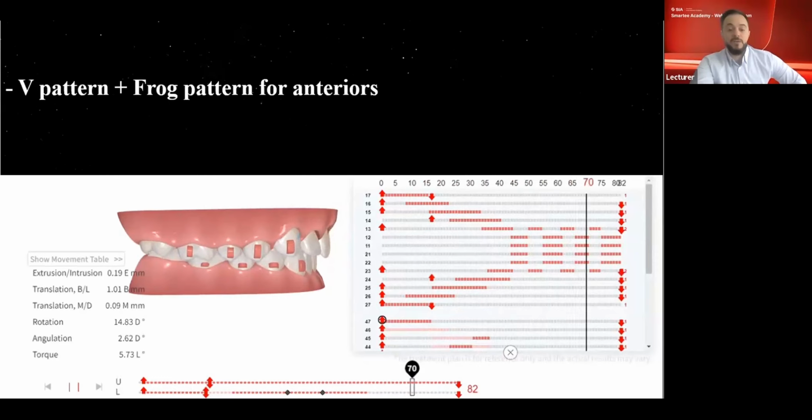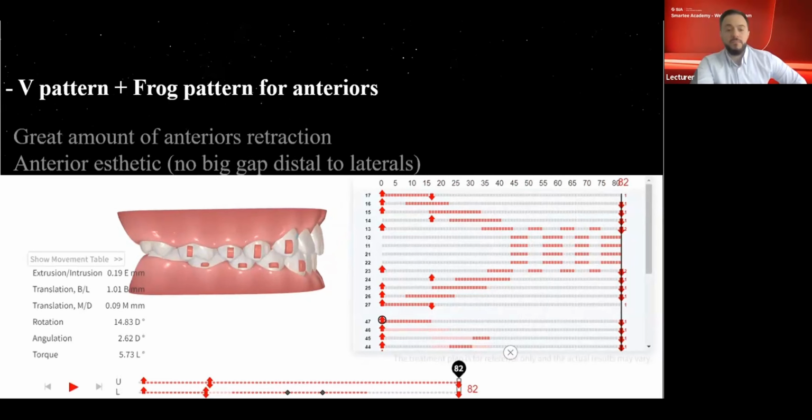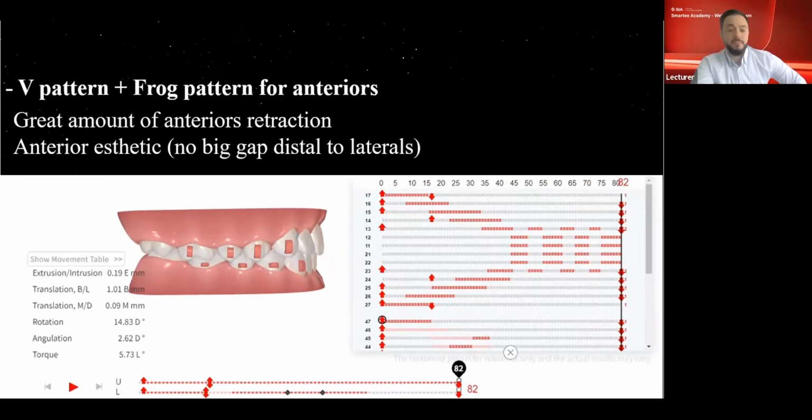We use this modification when we have a significant amount of anterior retraction, and also for aesthetic reasons for the patient, in order not to have a big gap distal to the laterals.